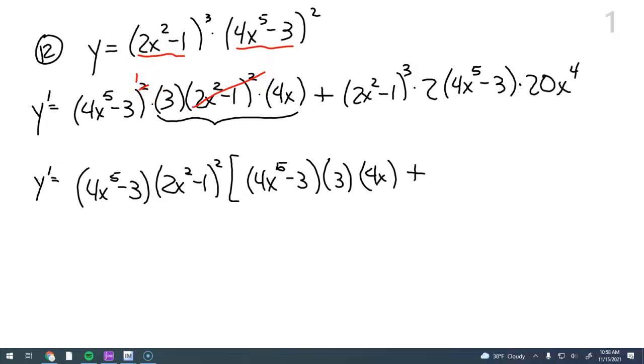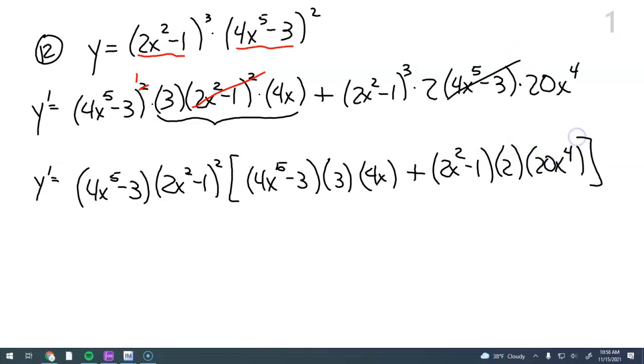And what's left over here would be 2x squared minus 1, this 2 goes away, and 20x to the 4th. And in my mind, you're done. You factored out the chunks, you did what you're supposed to do. If you want to check your answer with what they have, you're going to have to go through and do this. I'm not going to make you do that out of the gate.